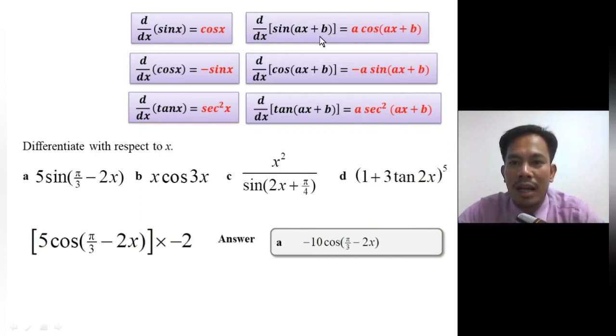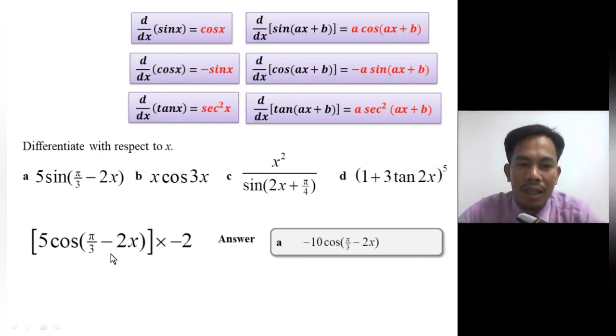Ax plus b is the angle over here. What is the numerical coefficient of x? It is a. That a will be multiplied to the derivative of sine of the original angle. What is the derivative of sine? It is cosine of the original angle, which is ax plus b.